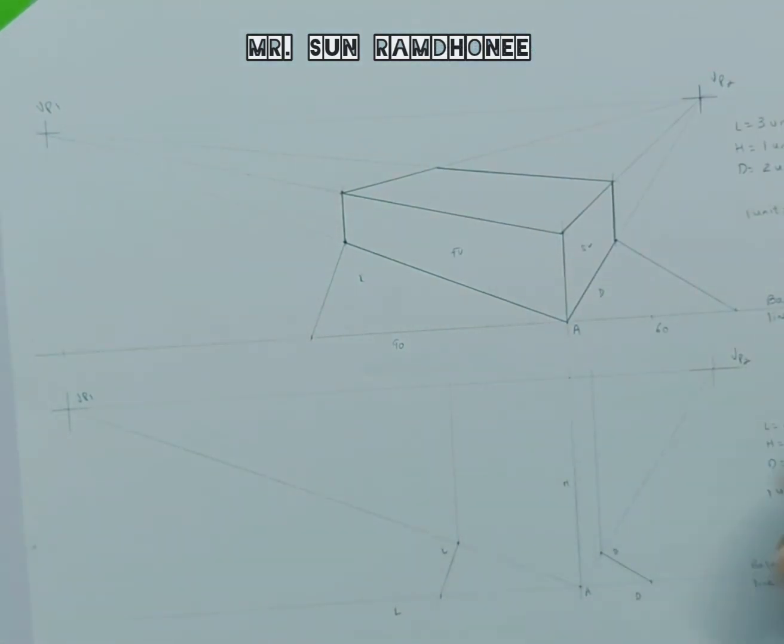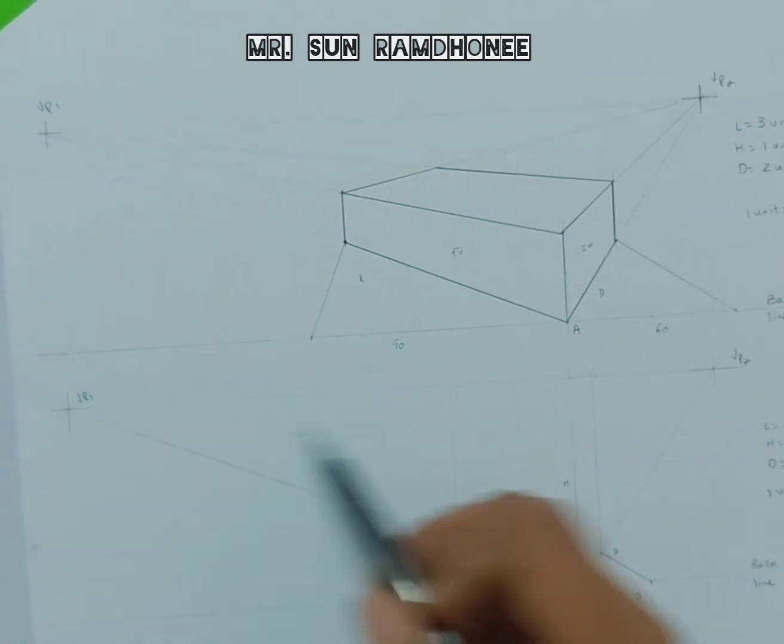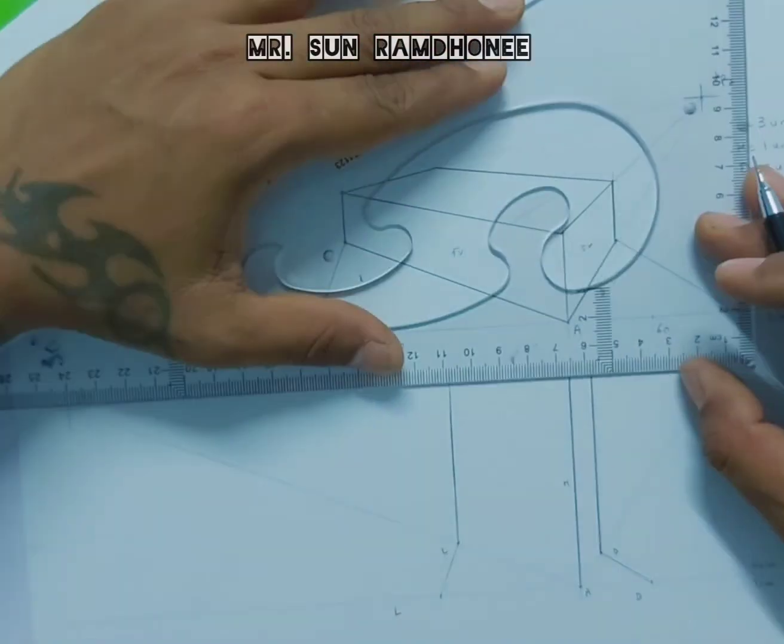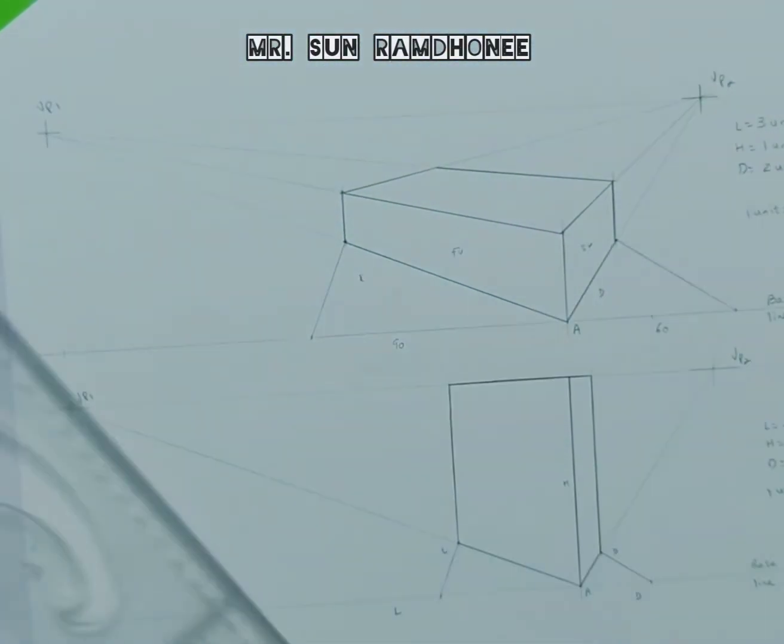This object requires no further construction because the height line is on the same line as the horizon or the eye level. We are going to outline this object now. Here is how the object looks in two-point perspective.